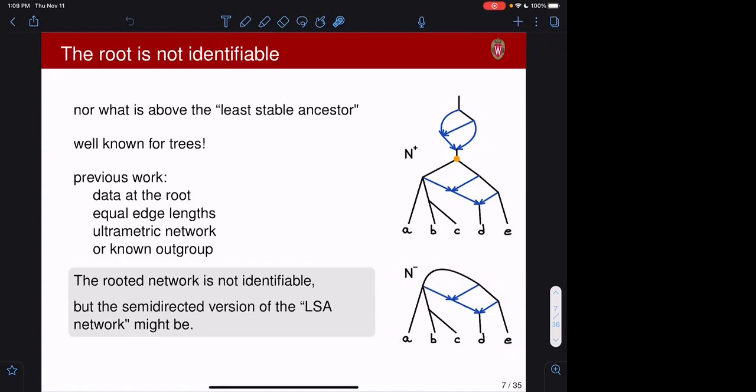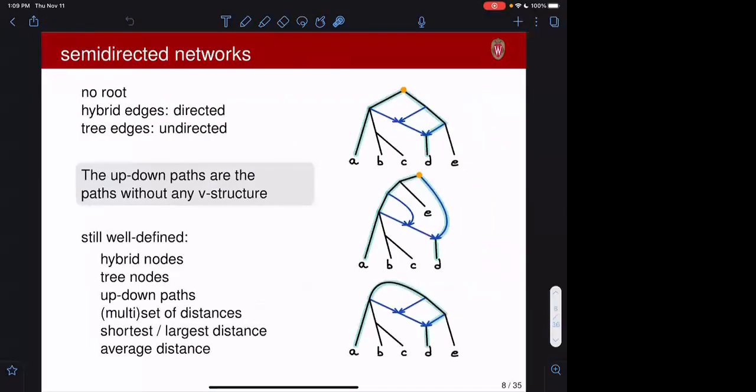But because hybrid edges are kept directed and tree edges are not directed, we know who are the hybrid edges and we know who are the tree edges. And so therefore we know who are the hybrid nodes, because the hybrid nodes are the nodes such that there are incoming hybrid edges into them. So that's the semi-directed network that we hope could be identifiable.